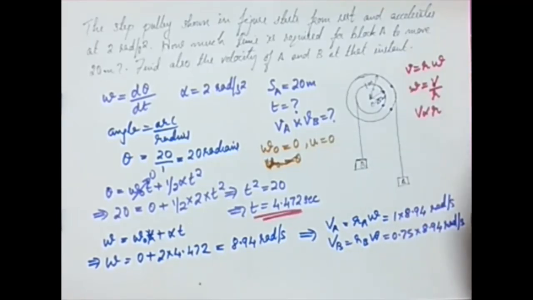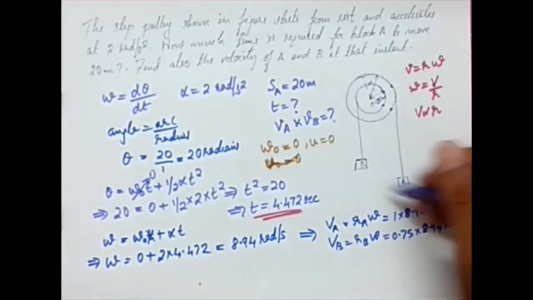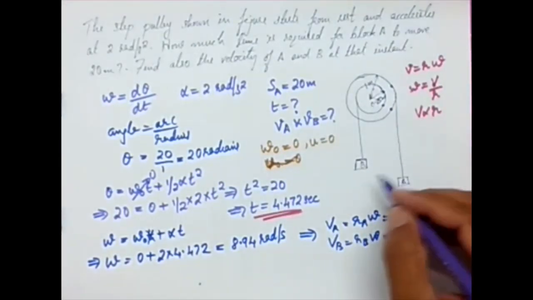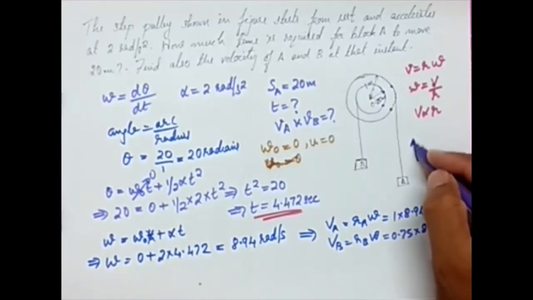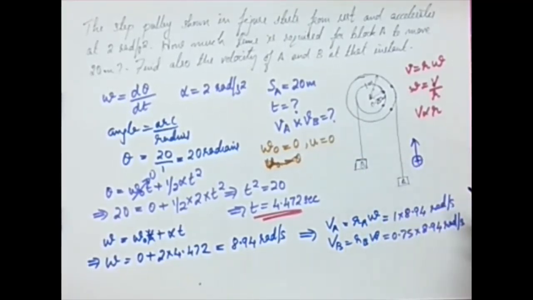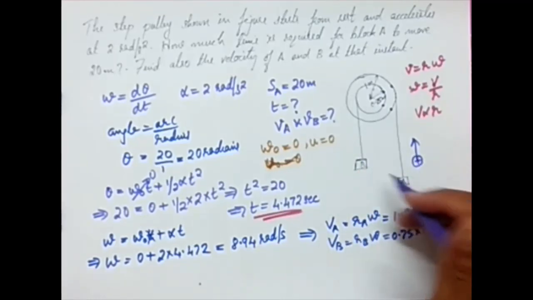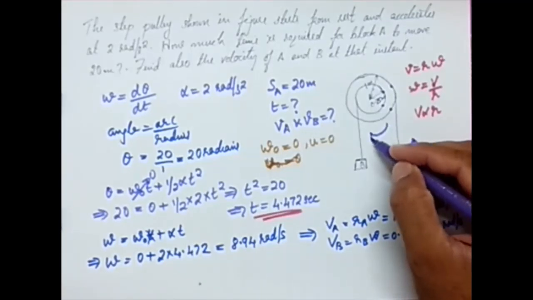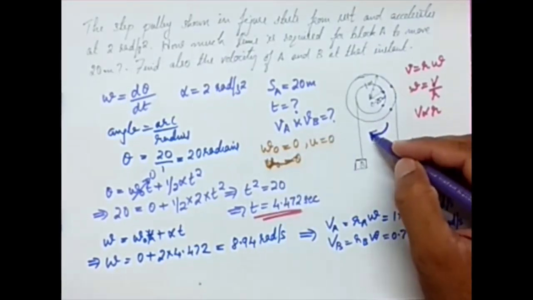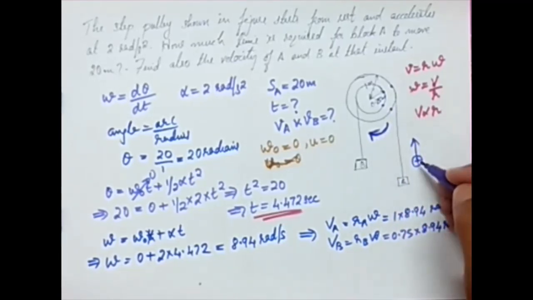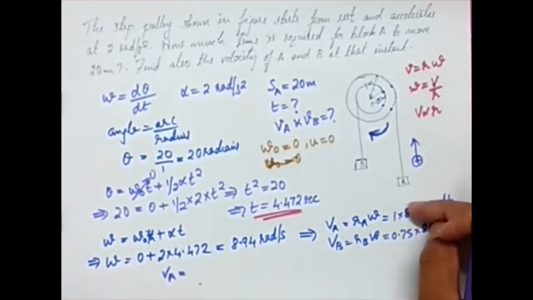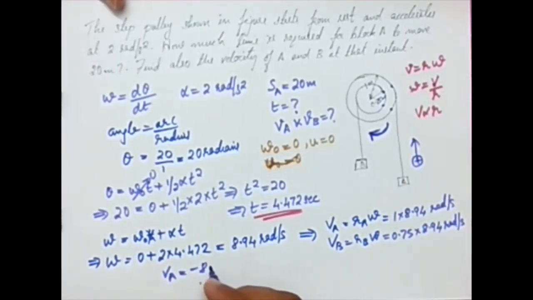When you are reporting the final answer, you should be very careful and define some sign convention before reporting it. I'm assuming clockwise rotation, because nothing is said in the problem, so we need to assume it, and I'm considering this as positive. Which means VA is moving down, so VA is minus 8.94 meter per second.